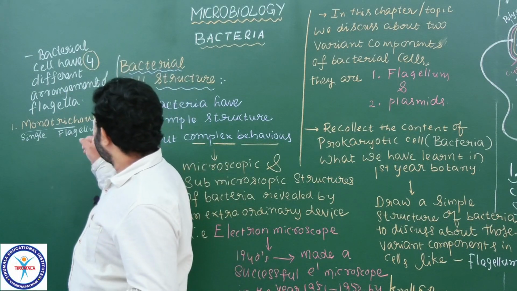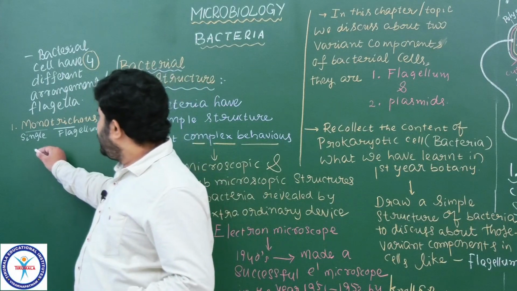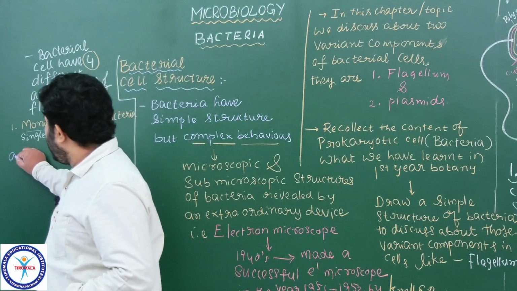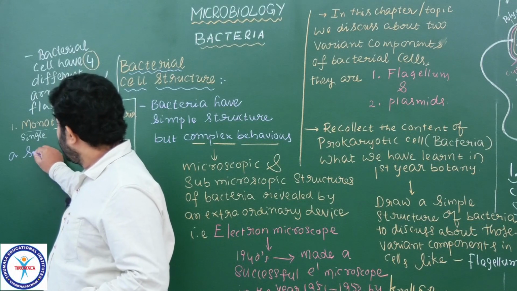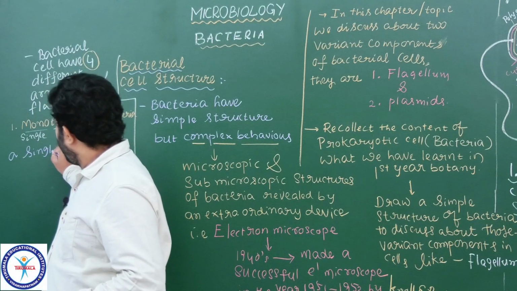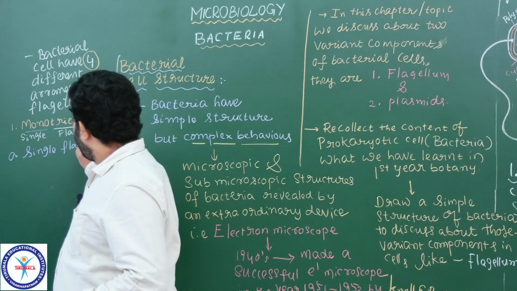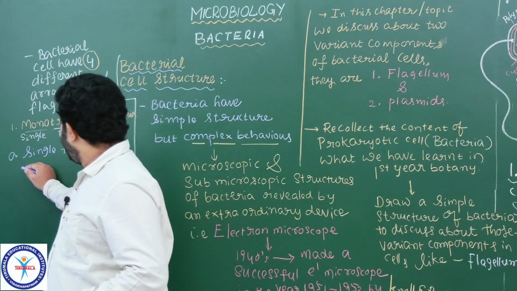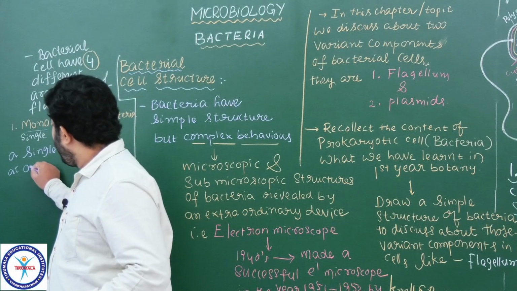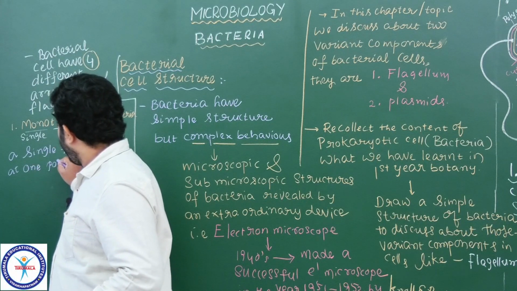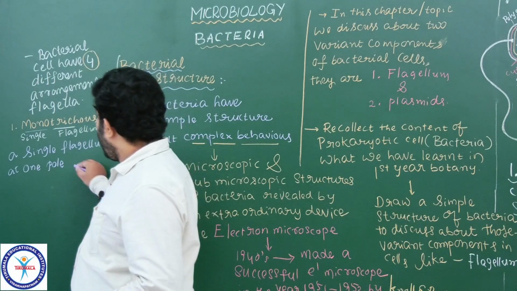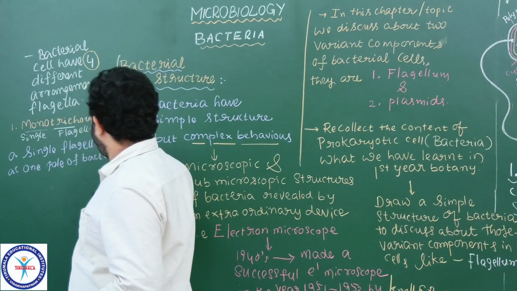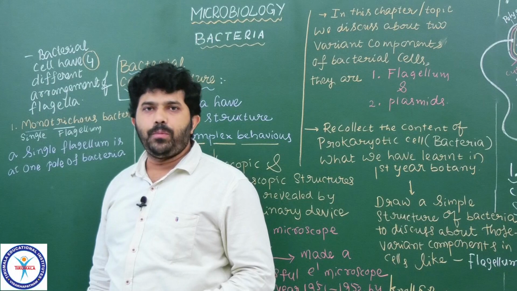So a single flagellum seen in a bacterium means the complete meaning of monotrichous is a single flagellum at one pole, or at one point, of the bacterium.